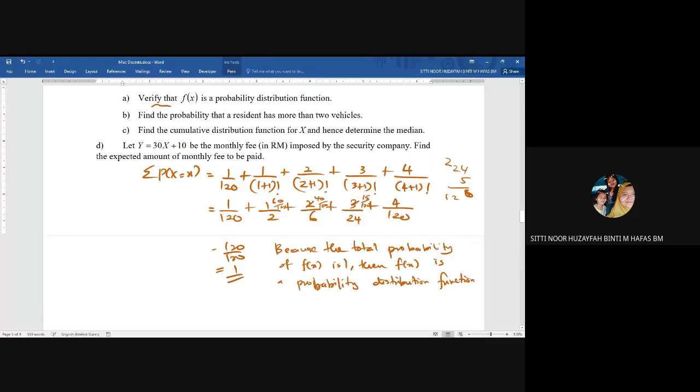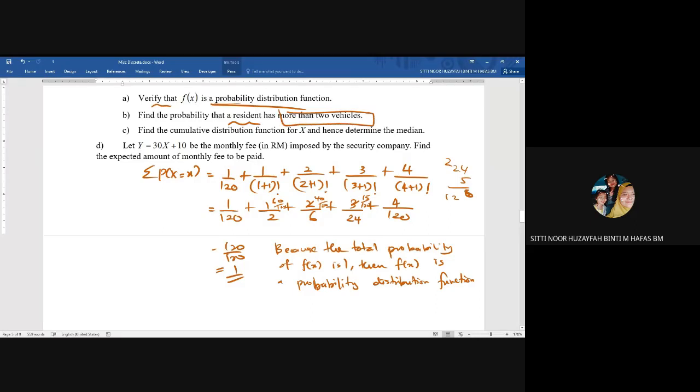Please answer the question. So if it's asked for the PDF, then you write down the PDF. If it asks for the random variable, then you write down the random variable. Now, the next question is to find the probability that a resident has more than 2 vehicles.